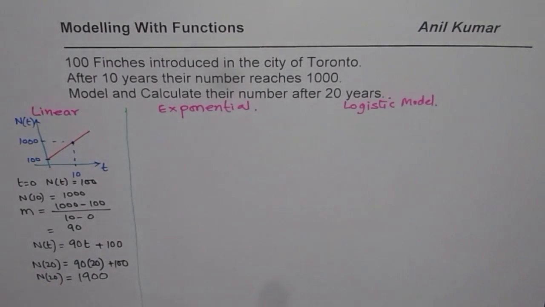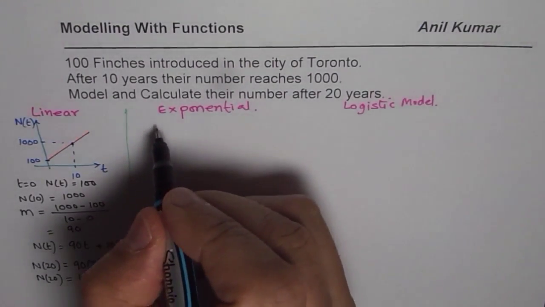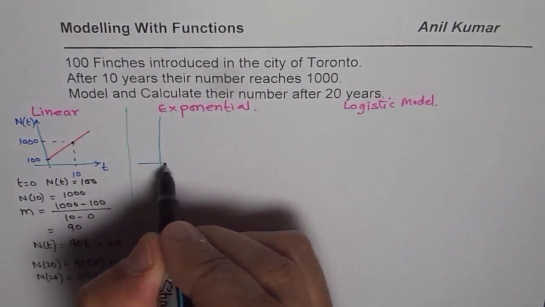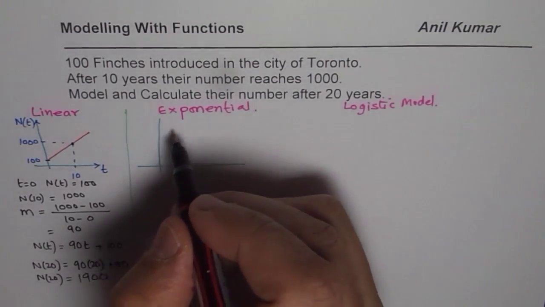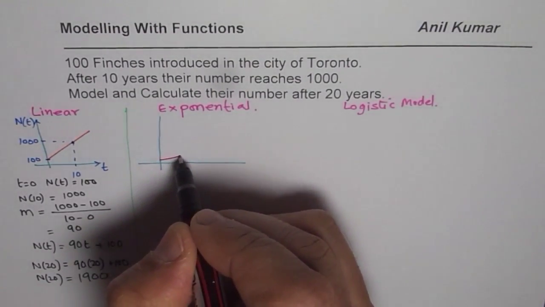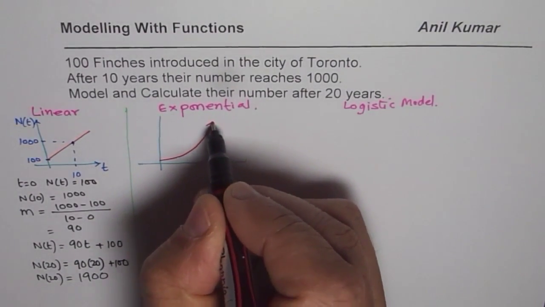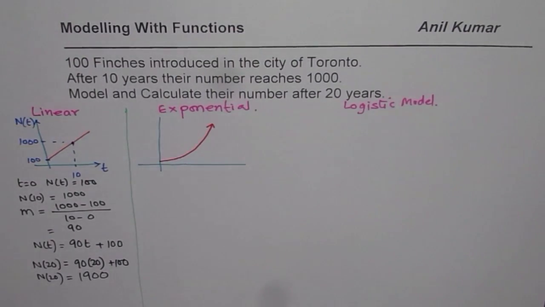Now let us consider the next model, which is exponential in nature. So here initially the growth rate will be lesser, slow. So initially in exponential models it is slow, and then it rapidly increases, kind of like this. In linear model the growth rate is constant, and you saw that was 90 per year, right? So in 10 years it will be times 10, right?